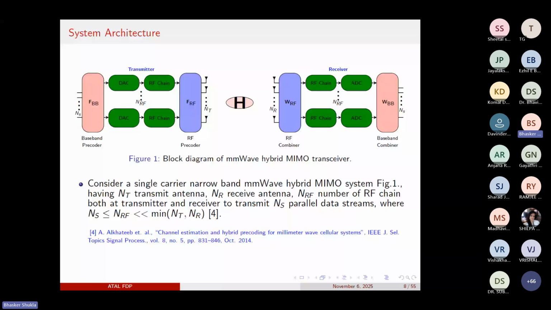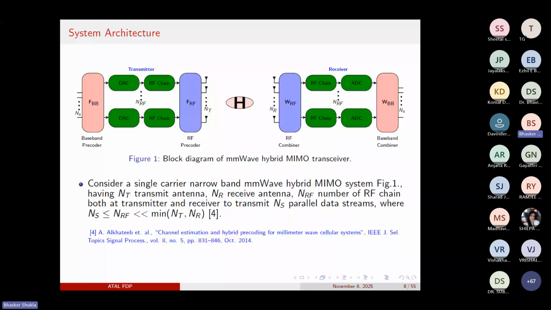So we go for hybrid mode. In hybrid mode, the number of RF chains is less than the number of antennas. So it provides multiplexing gain, in the form of the number of RF chains, and also we can get the beamforming gain from the number of antennas.